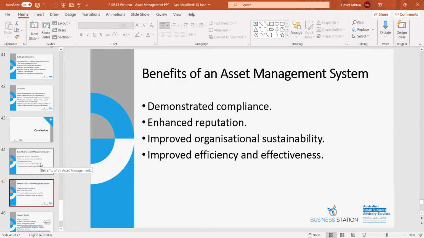And that's going to ensure that you maintain your existing client base, but also help you grow new business through tenders or however else you obtain business. So by demonstrating robust policies and procedures around your assets and how they actually deliver value to you and the client is very important. So that's the presentation today.